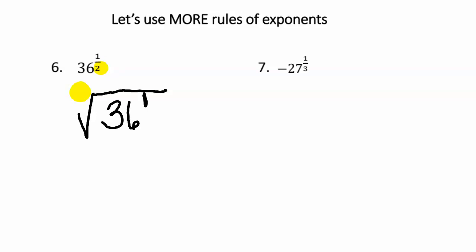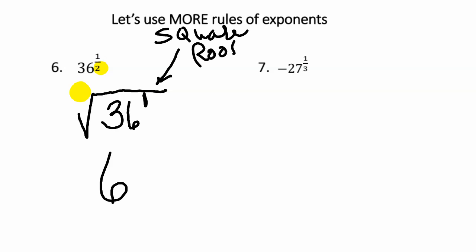Well, you now need to remember that the square root of 36 is 6. This symbol is square root. And this square is the number 2, because that's what the symbol means. Square root. The denominator of my fraction has a 2.